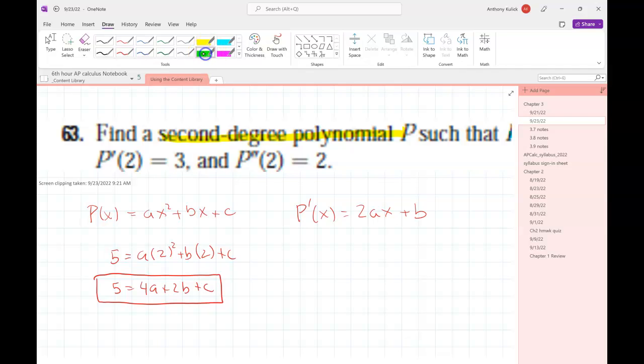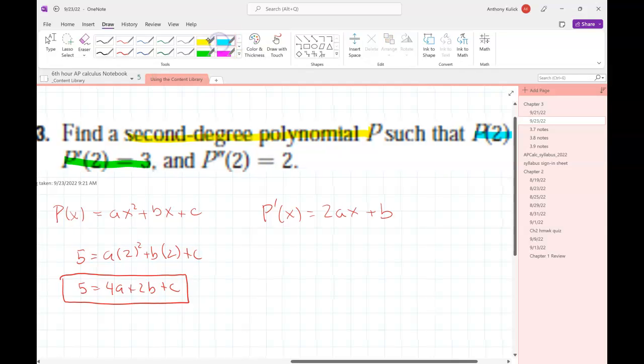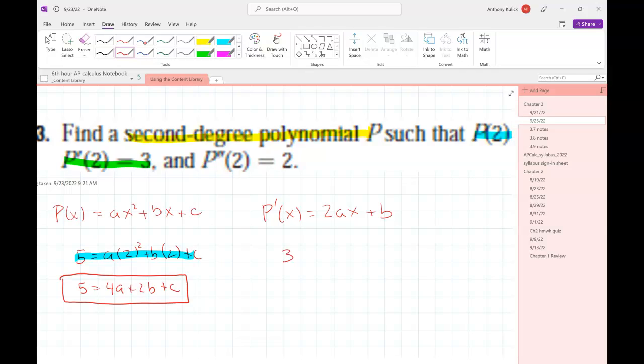And if I know that, that tells me that 3 is going to equal 2 times A times 2 plus B, or really 3 is equal to 4A plus B.